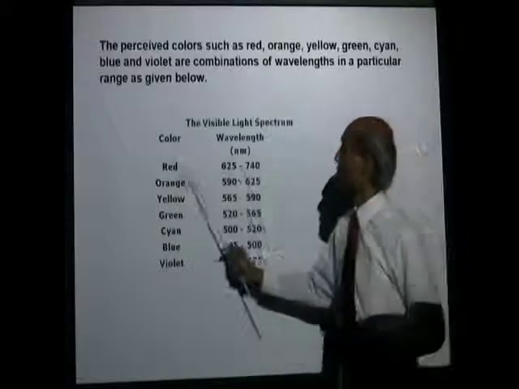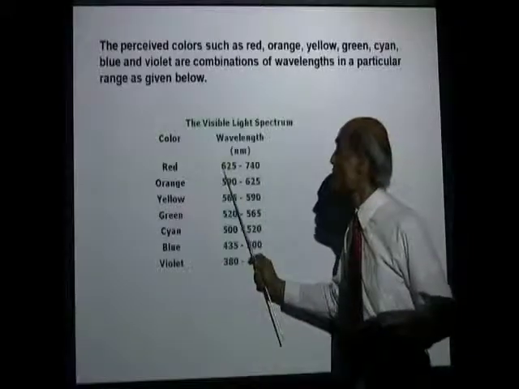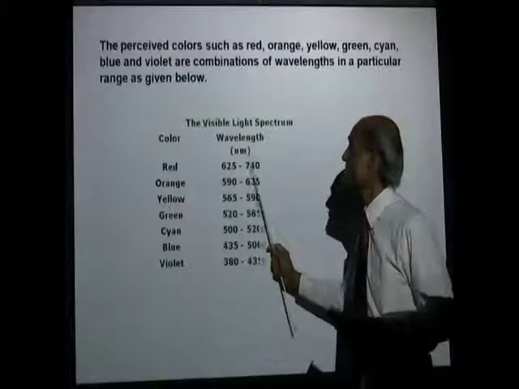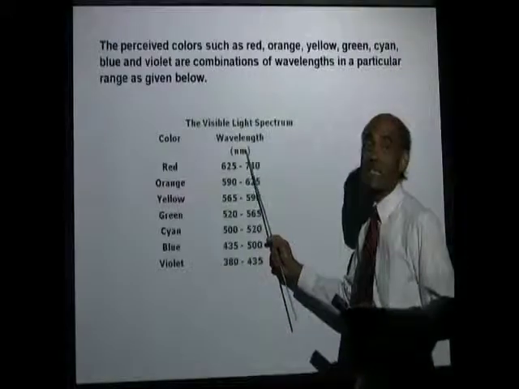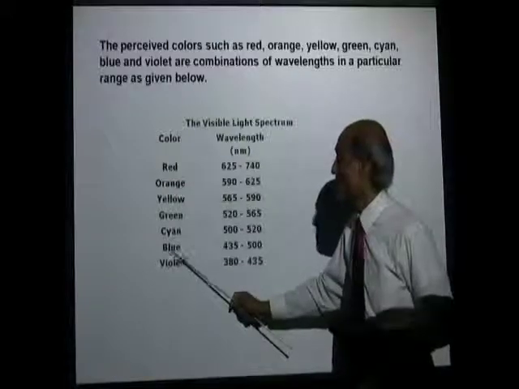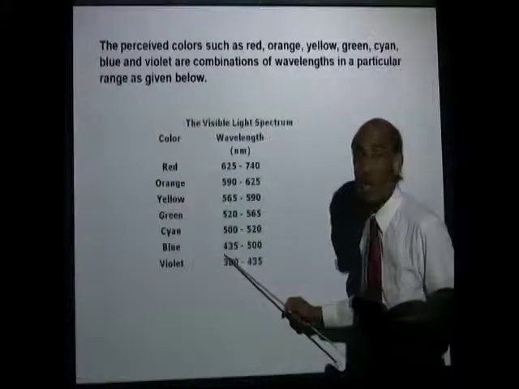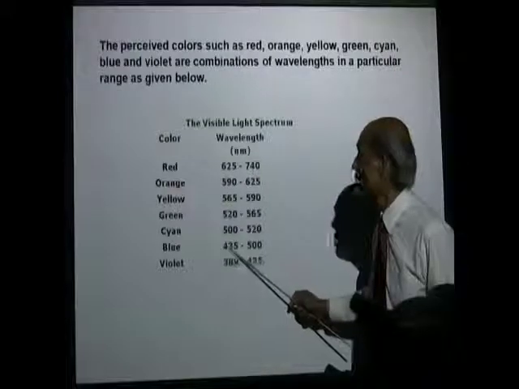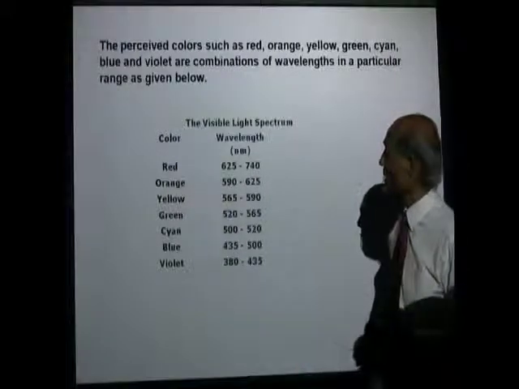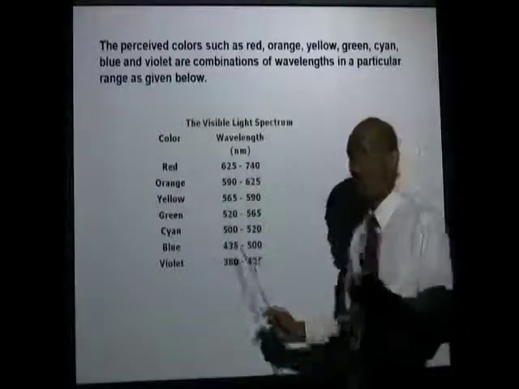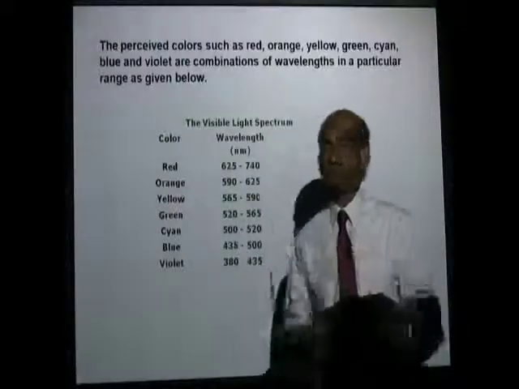For example, red is a combination of wavelengths from 625 to 740 nanometers. Blue, as we normally see it, is a combination of wavelengths that range from 435 to 500 nanometers, about 65 different wavelengths.